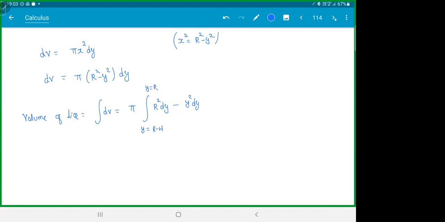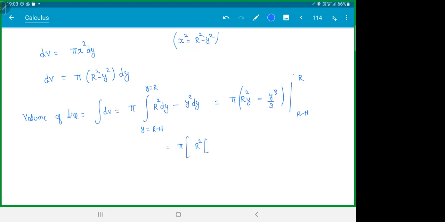Please check the limits. If you see, integration is actually easy. Pi, r square y dy's integration minus y cube by 3, limits r minus h to r. Getting the element is the headache. Once the element is there, it is simply x power n's integration. So we need to substitute the values here. This is pi r square.